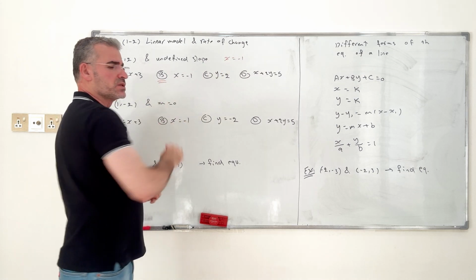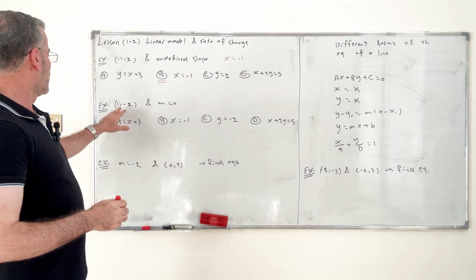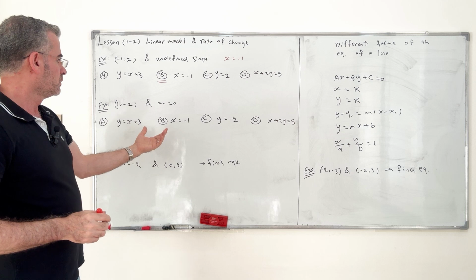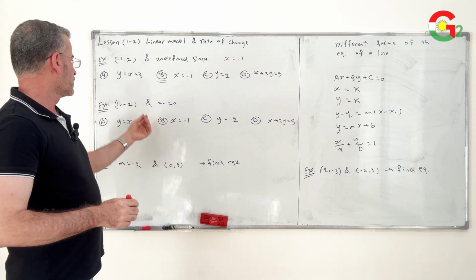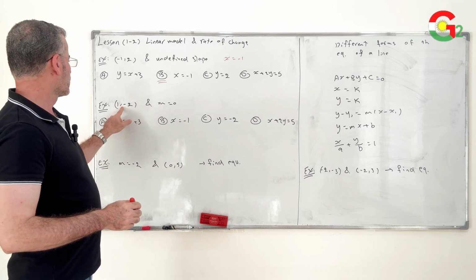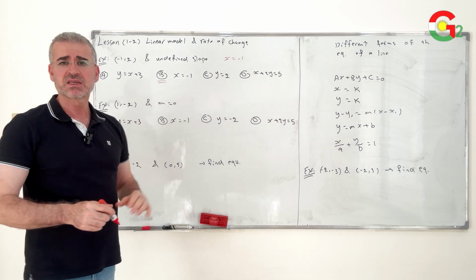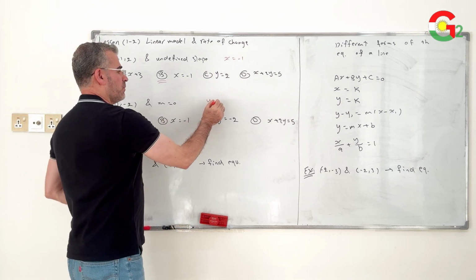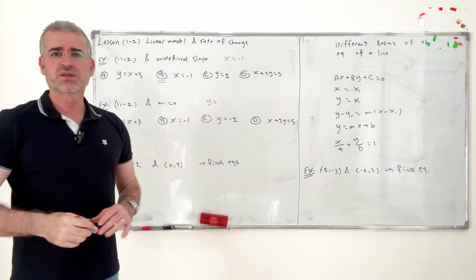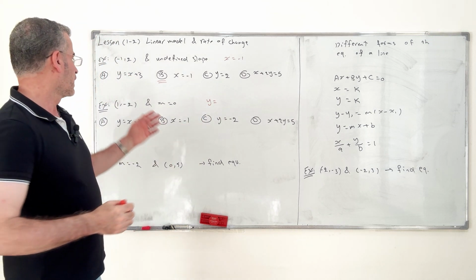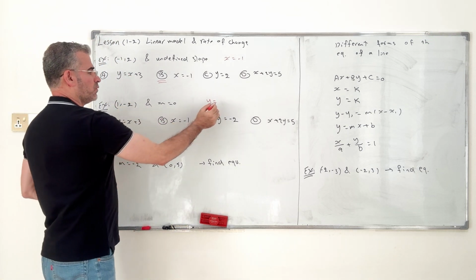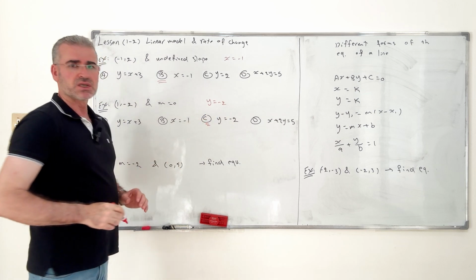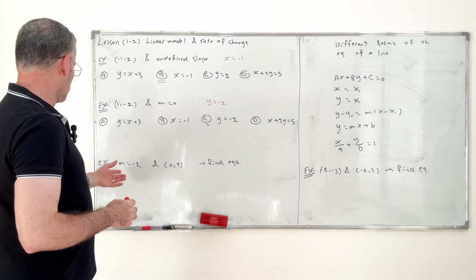Then choice number B. Example: which one of these four equations is the equation of the line passing through the point (1, -2) and has the slope m equals 0? Slope m equals 0 means the equation is y equals a number. What number? It's -2. Then choice number C is the right choice.